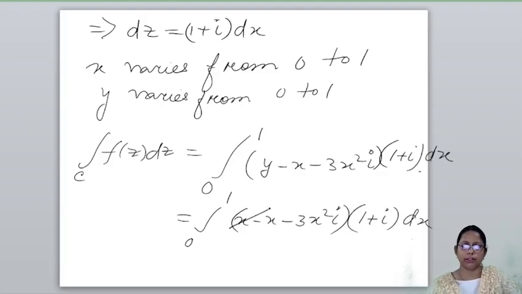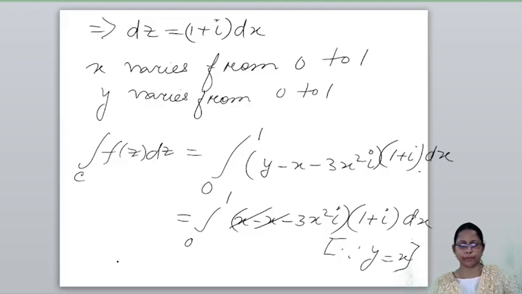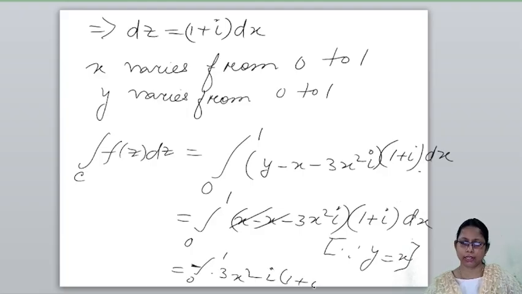Since y is equal to x, the x cancels out, and we get the integral from 0 to 1 of minus 3x squared i times 1 plus i dx.